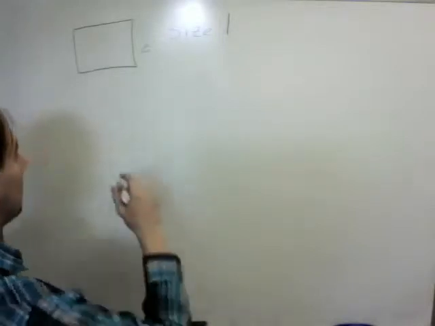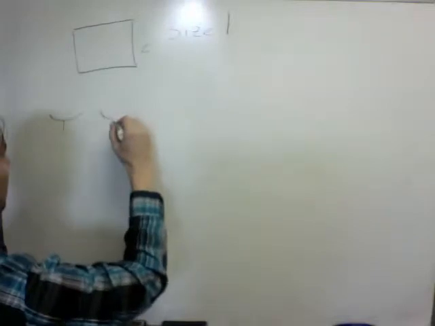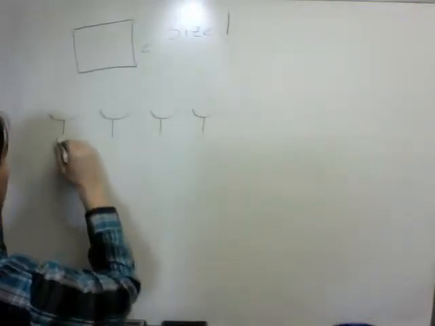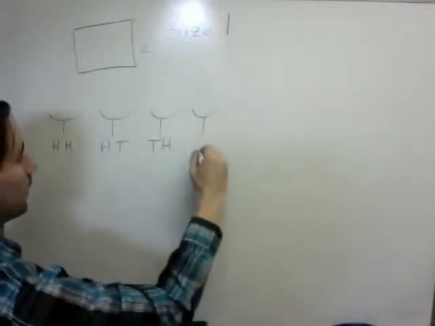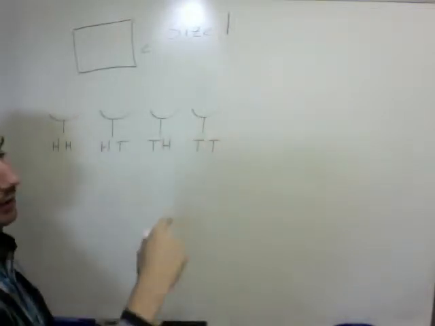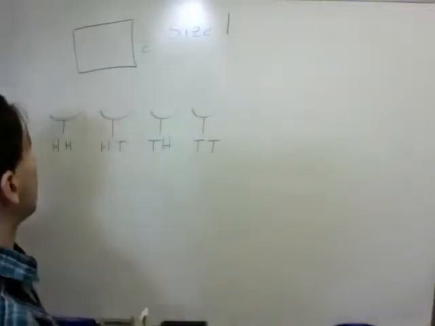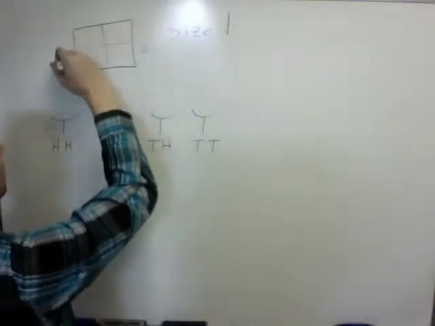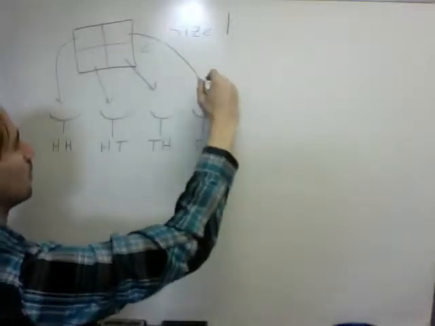And then we have a discrete space, so maybe if we think of flipping a coin, we have these scales. The first one might be a scale that's heads heads, and then heads tails, and then tails heads, and tails tails. So these are outcomes of flips of 2 coins. And so what we want to do is take this block and chop it up into 4 parts, and for each part we're going to stick it on one of the scales.